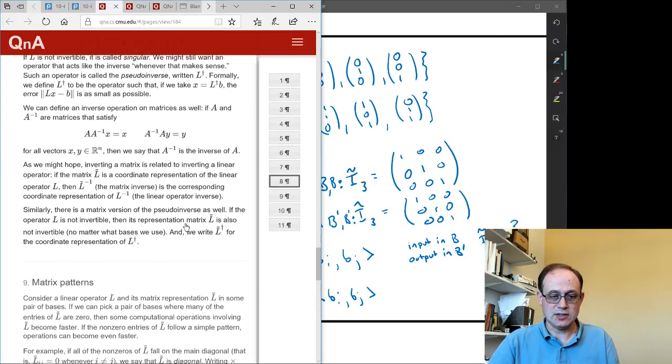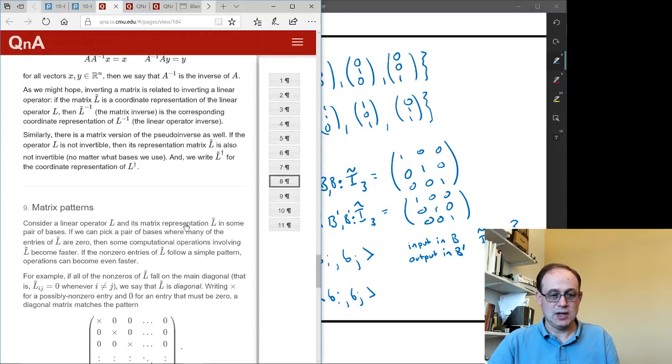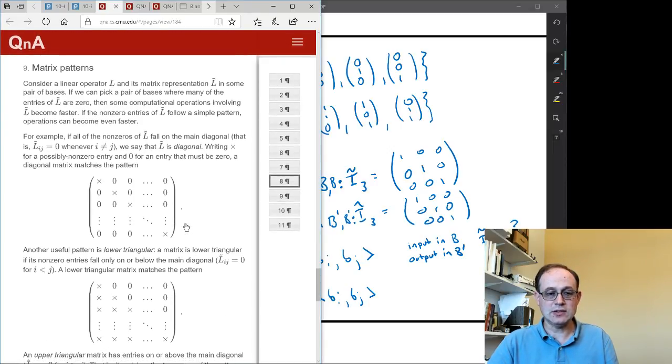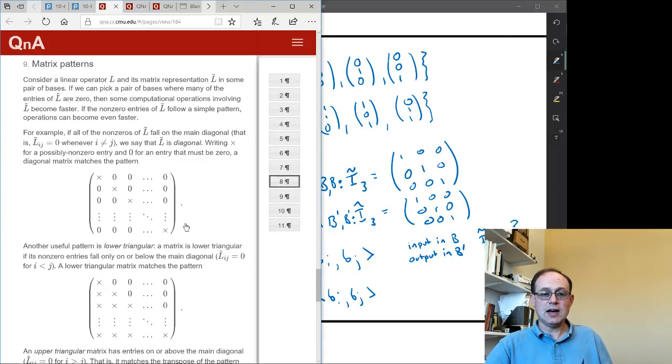All right. It's going to be useful as well to talk about patterns that a matrix can satisfy. So the linear operator, right, is an abstract thing. It is the same no matter what coordinate representation we pick for it. But some coordinate representations are going to wind up being more convenient to work with than others.